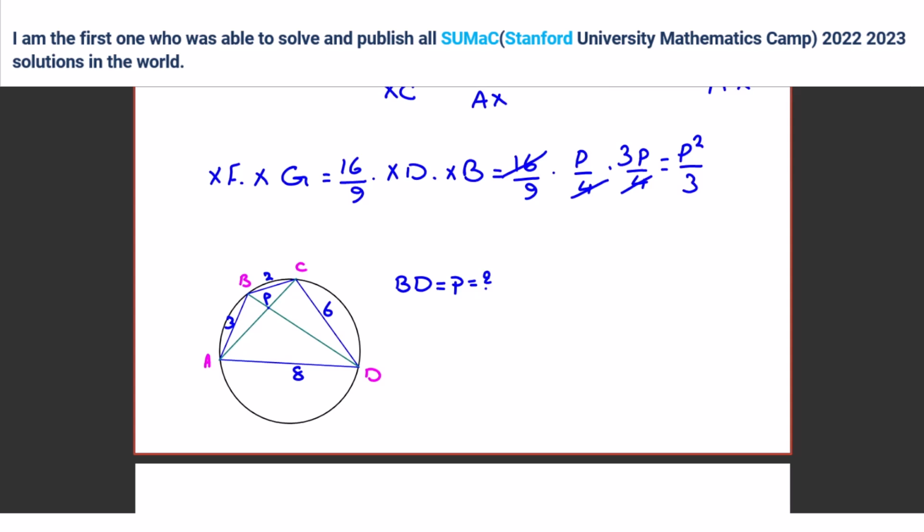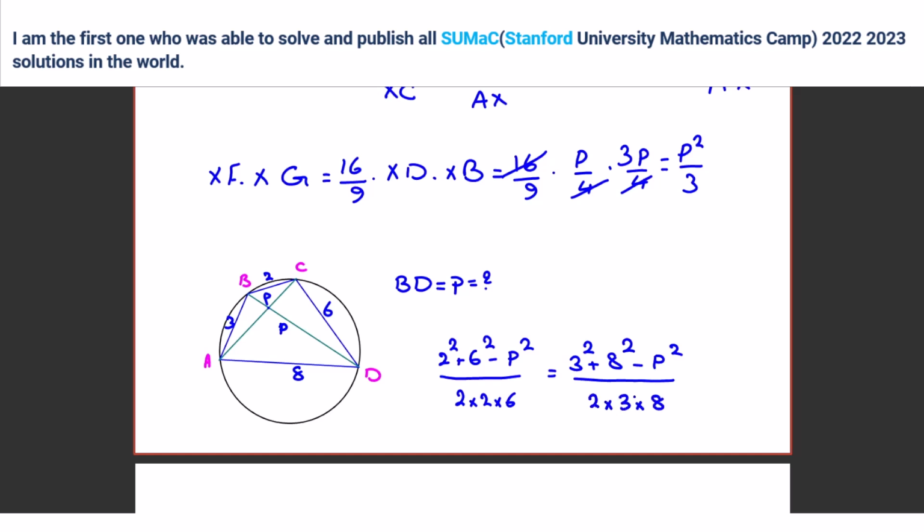I already solved this. Okay, so how did you calculate this? I used the law of cosines, for this one and this one, right? Yeah. Okay. So here we said this cosine is 2 squared plus 6 squared minus p squared over 2 times 6, right? It is equal to 3 squared plus 8 squared minus p squared over 2 times 3 times 8, right?